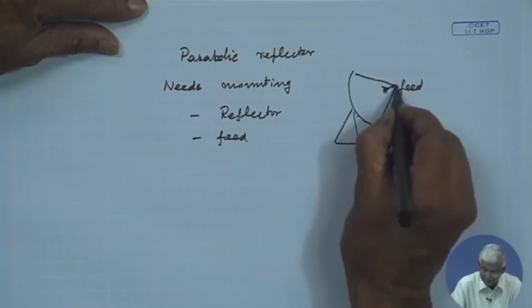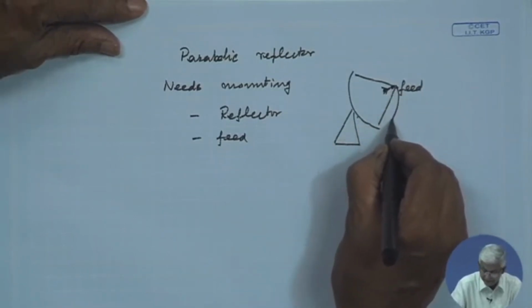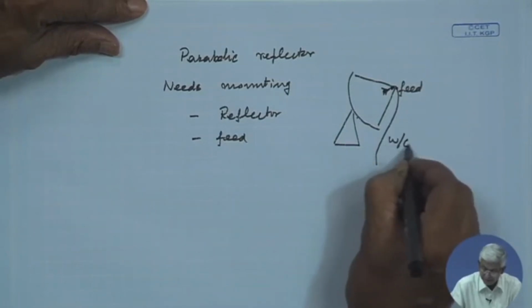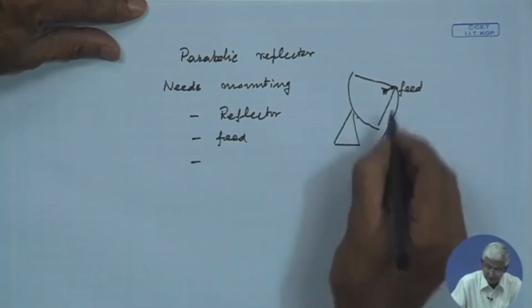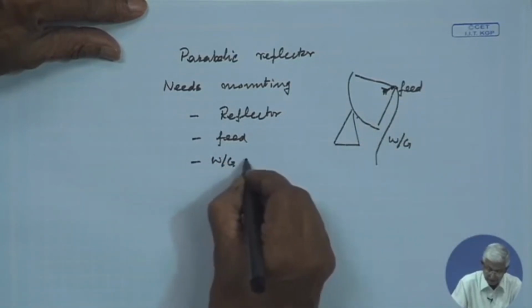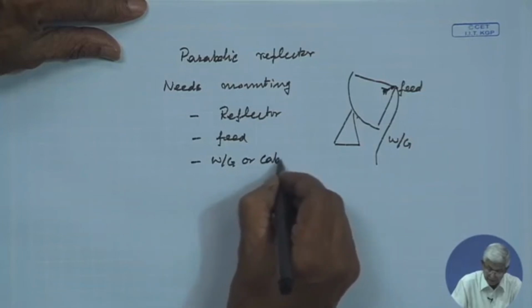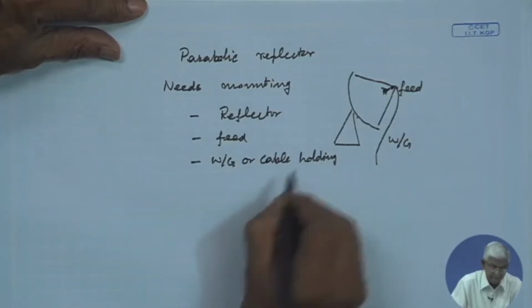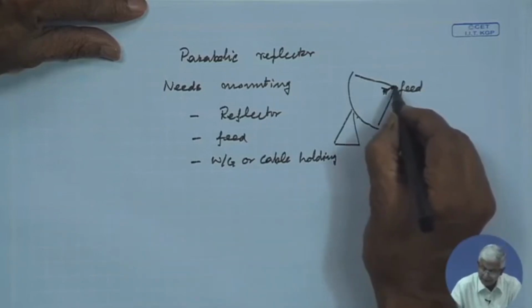And of course, there is a waveguide or cable run. So, that is a waveguide. It has to make some arrangement for holding the waveguide or cable, and sometimes LNB or BUC will be mounted here.